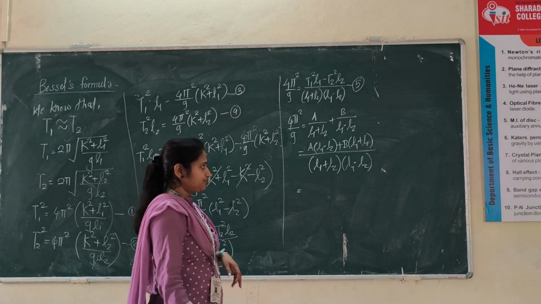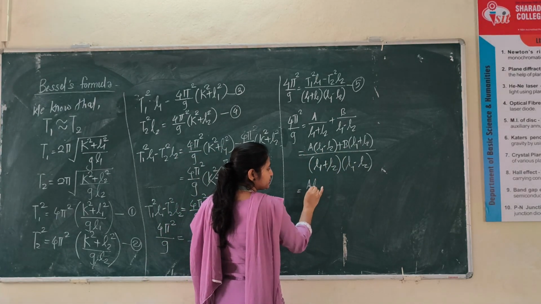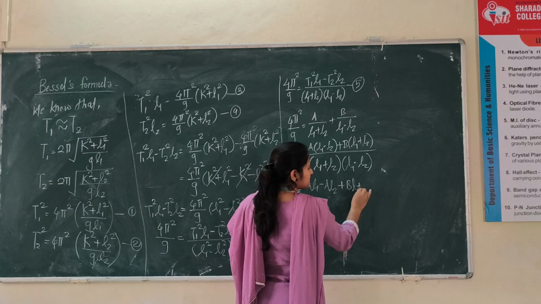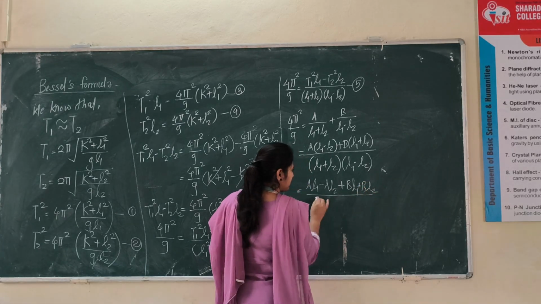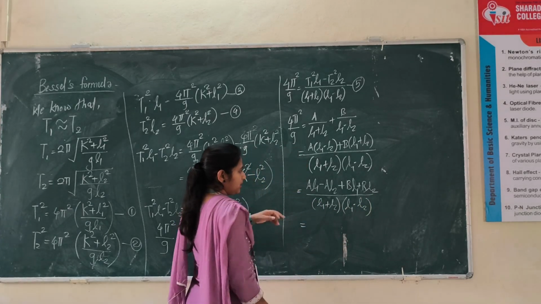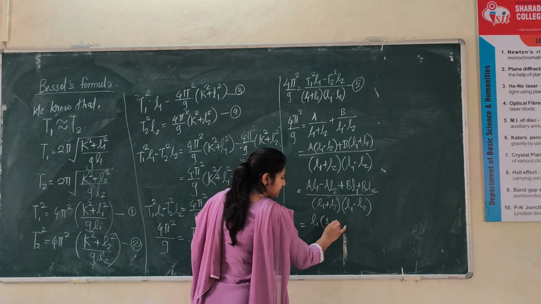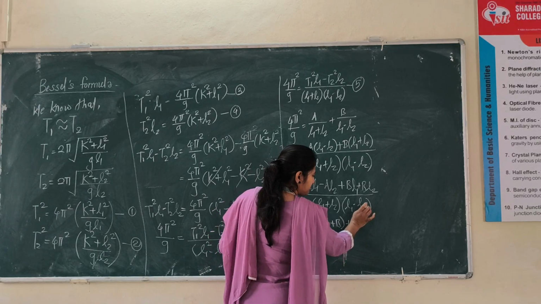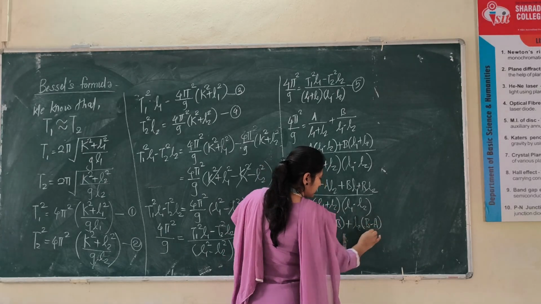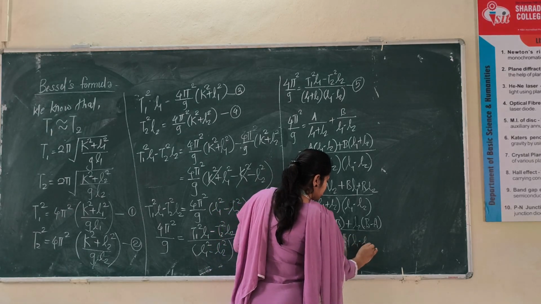Okay, so multiplying a in this bracket and b in this bracket, we get a into L1 minus a into L2 plus b into L1 plus b into L2 divided by (L1 plus L2) into (L1 minus L2). Okay, take L1 as a common term, we get L1 in bracket (a plus b) plus L2 in bracket (b minus a) divided by (L1 plus L2)(L1 minus L2).